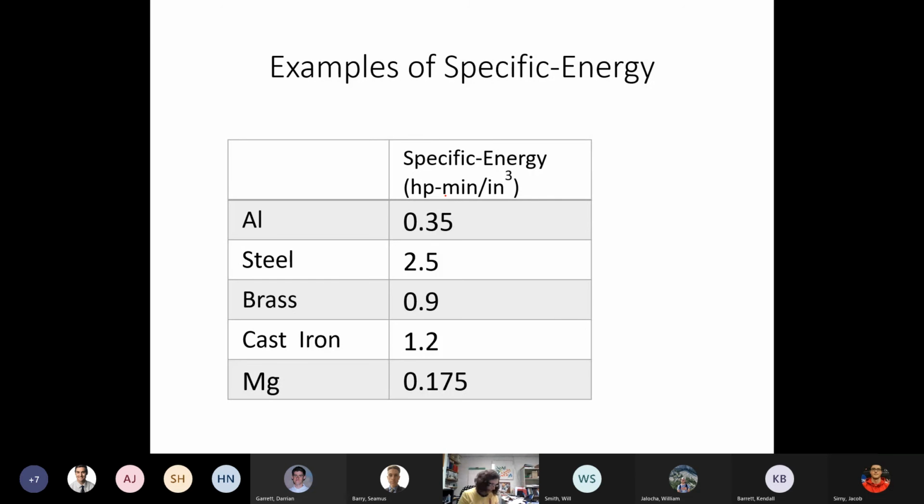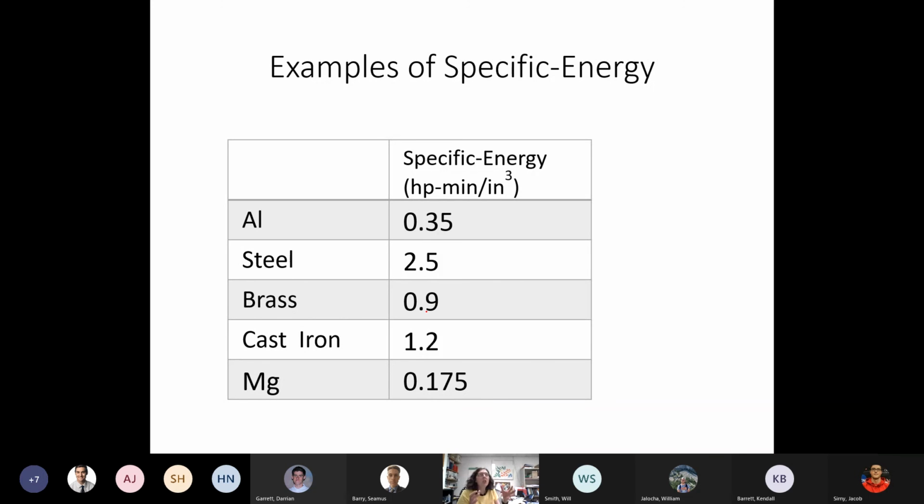One of the things that we might see is how high steel is, if we compare that to aluminum or magnesium. What that means is that steel is about 2.5 times that of brass.